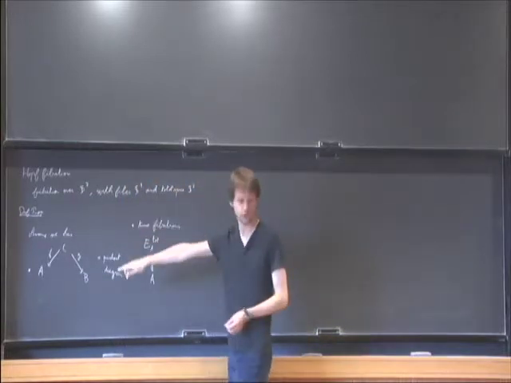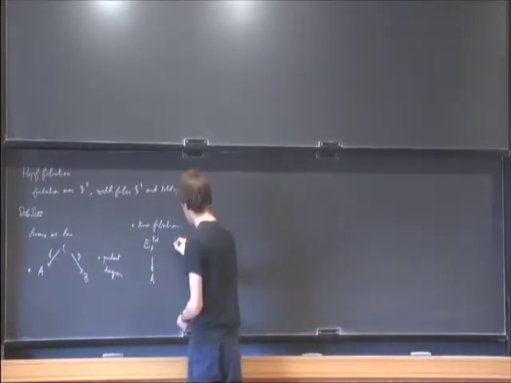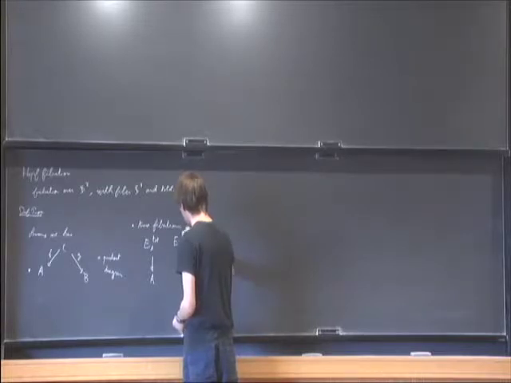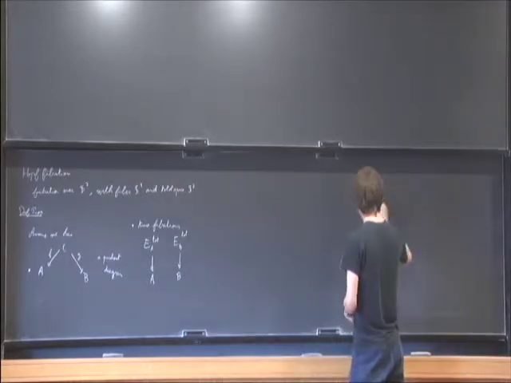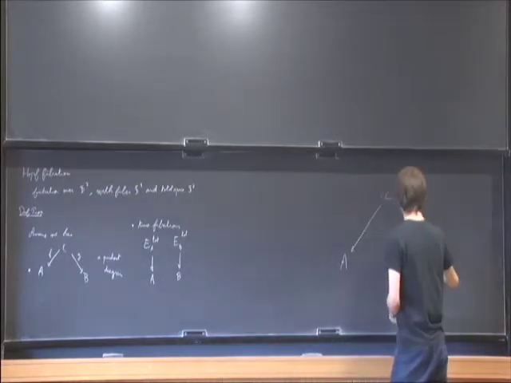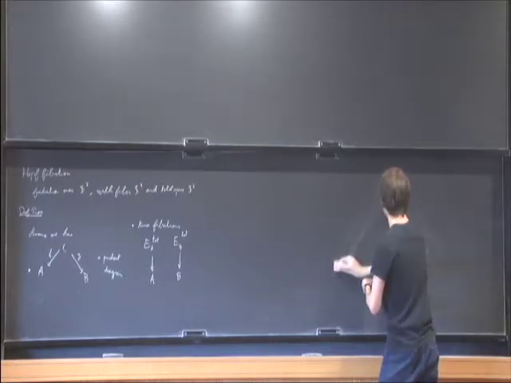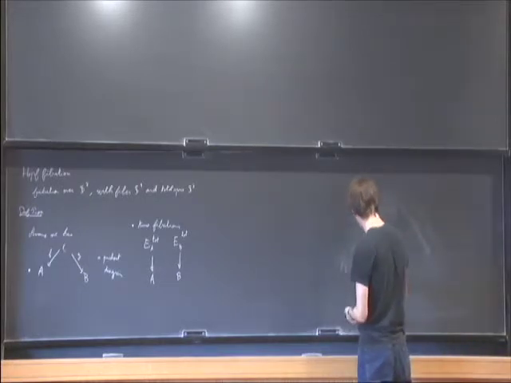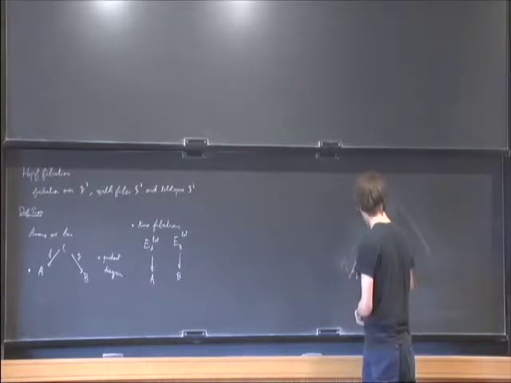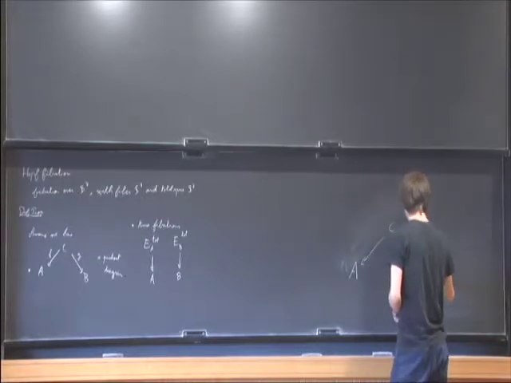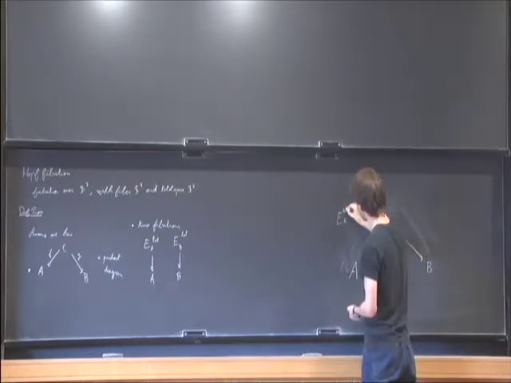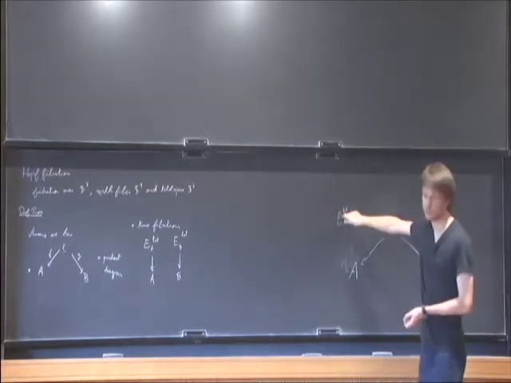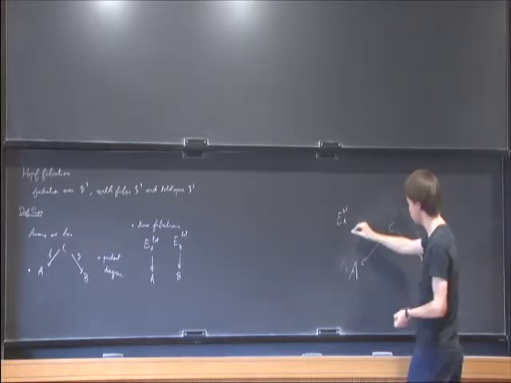Then I assume I have two fibrations over A and B. So I have my EA. The thought is to say that this is the total space of this fibration.